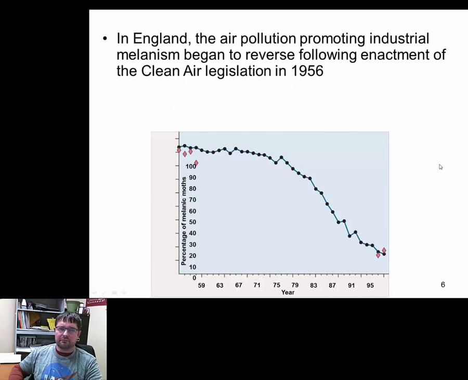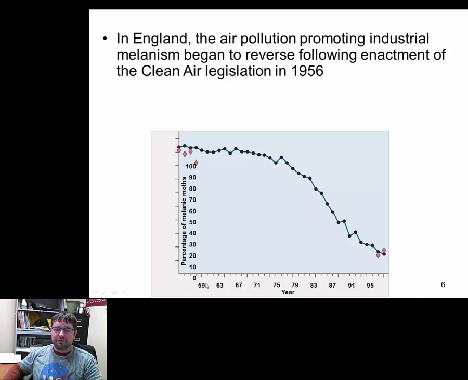Okay? And what we see from the research is that when we start looking at air pollution, and we look at a period from the 1950s all the way to present day, you start to see this drastic change back. So this is the percent of moths that are melanic, or in other words, the percent of moths that were black.